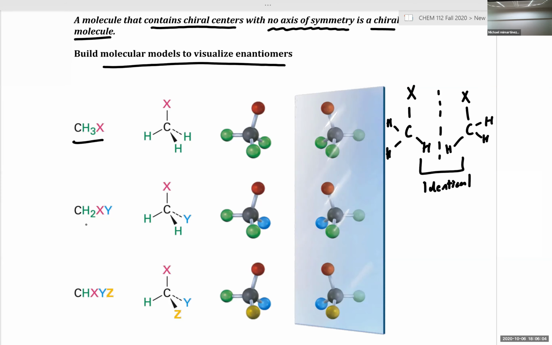Let's look at what happens when we add another substituent to the mix. You may think, well, that's going to make a pretty big difference. Well, let's see. So in this case, we have our two proposed structures.